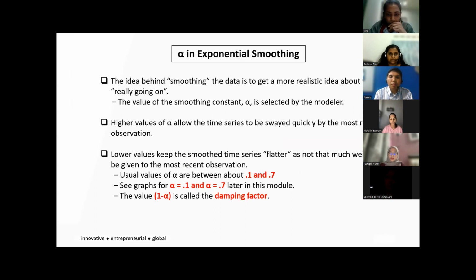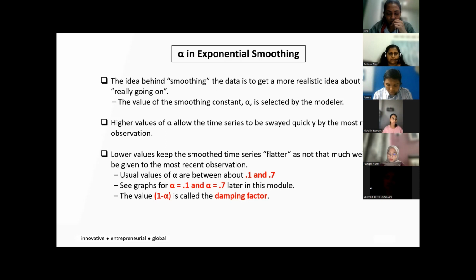Next, alpha in exponential smoothing. The idea behind smoothing the data is to get a more realistic idea about what is really going on. The value of the smoothing constant, alpha, is selected by the modeler. A higher value of alpha allows the time series to be swayed quickly by the most recent observation. Lower values keep the smoothed time series flat, as not that much weight is given to the most recent observation.